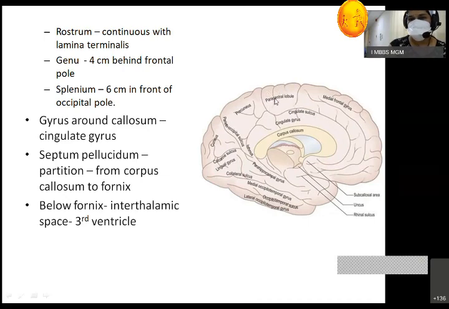In front of the central sulcus will be the frontal lobe. Behind this central sulcus and in front of the parieto-occipital sulcus will be the parietal lobe. Behind this parieto-occipital sulcus will be the occipital pole. And below this thalami, there will be the temporal lobe. So these are the structures you are able to see.